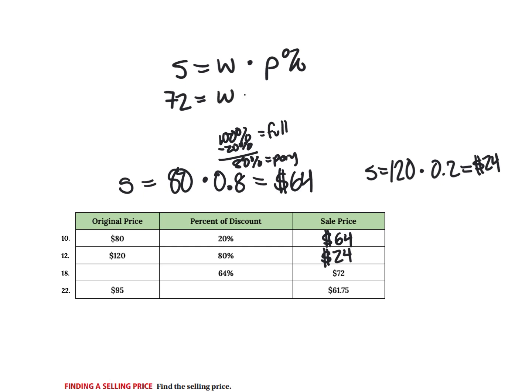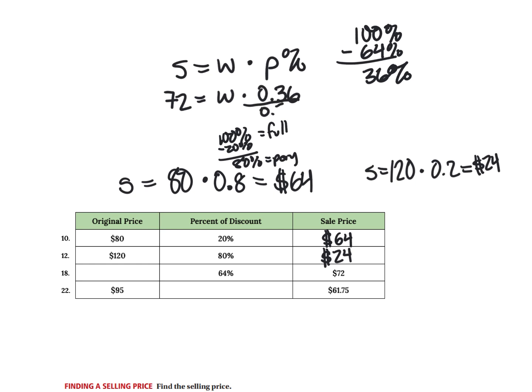I don't know what my W is, but I do know my percent of discount is 64%, meaning I have to think how much would I be left to pay, right? When I subtract these, I am needing to pay still 36% of the cost. So I'm going to multiply this by 0.36. To solve for W then, that's easy.